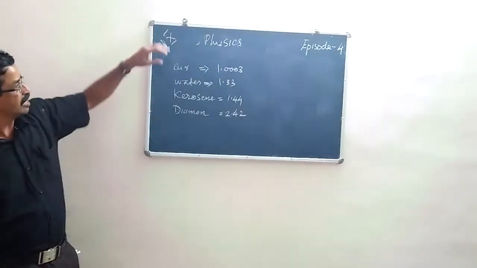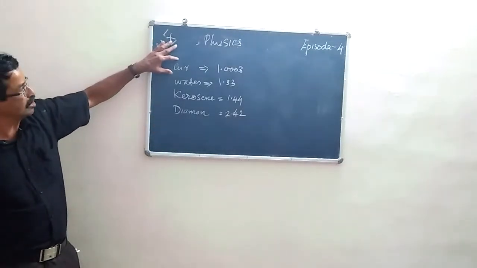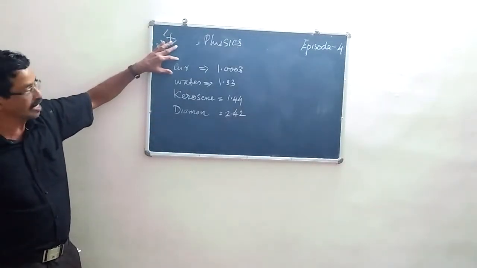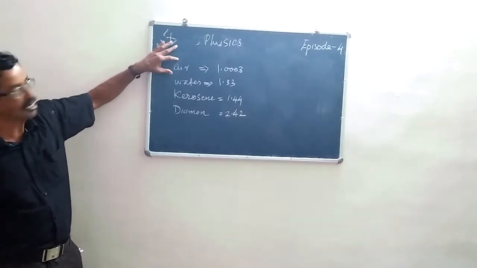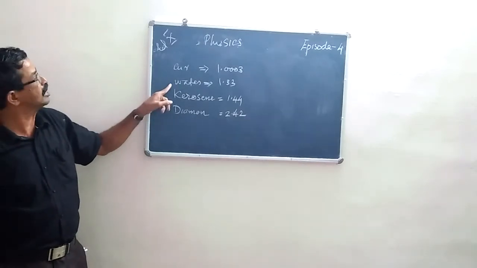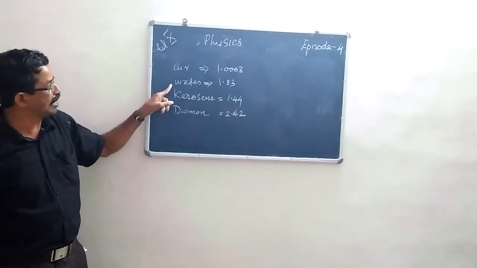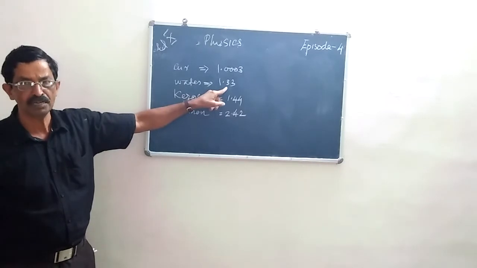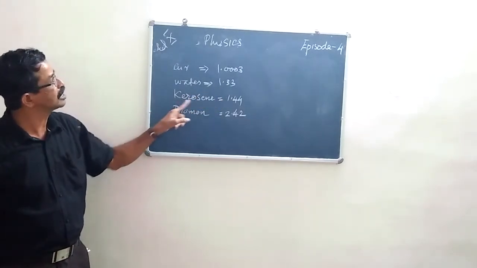See, refractive index of some of the materials. That means refractive index of air is the speed of light in vacuum divided by speed of light in air. Refractive index of water gives speed of light in vacuum divided by speed of light in water. Then kerosene this way.